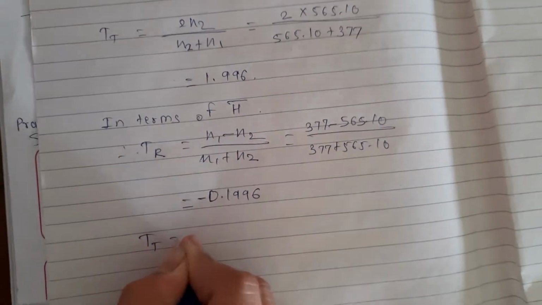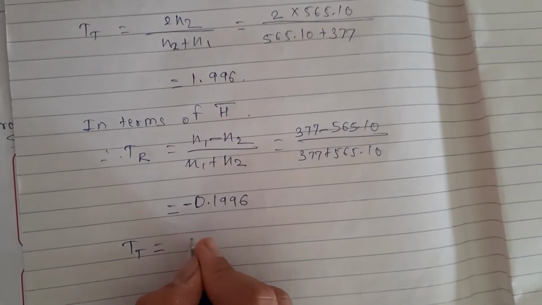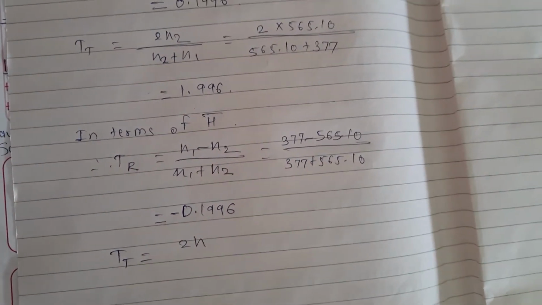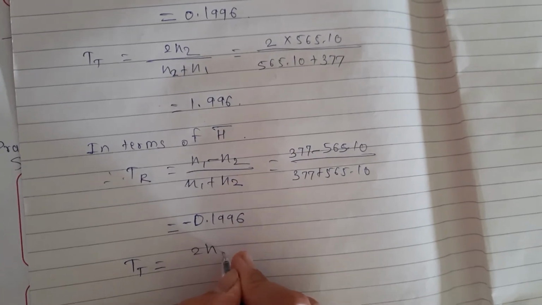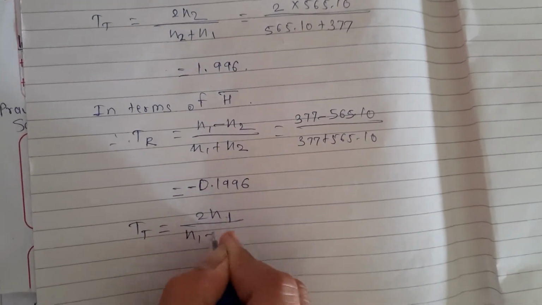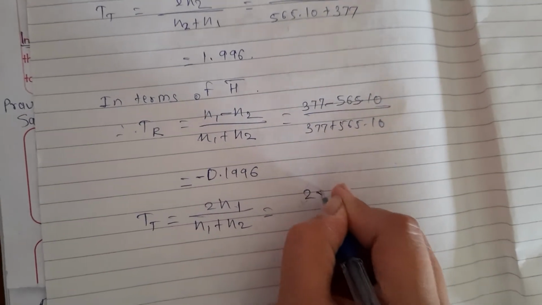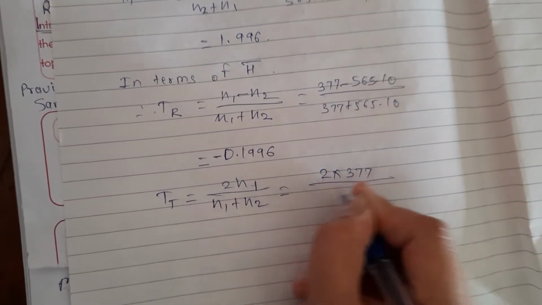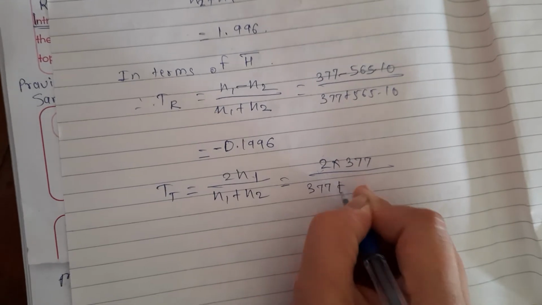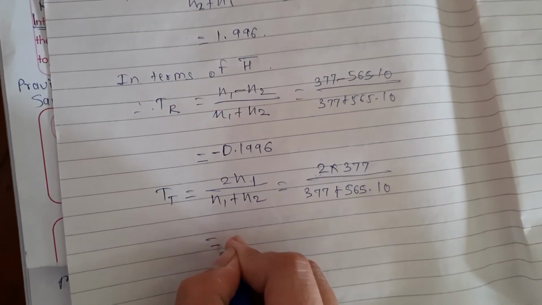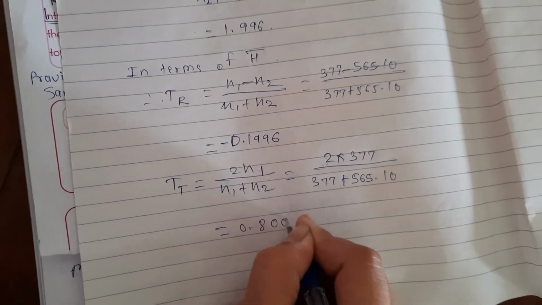Next is TT is equal to 2 eta 1 by eta 1 plus eta 2, so we substitute these values, 2 into 377 divided by the sum, and its value is 0.8003.